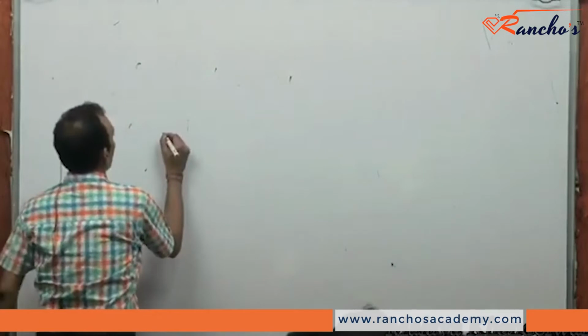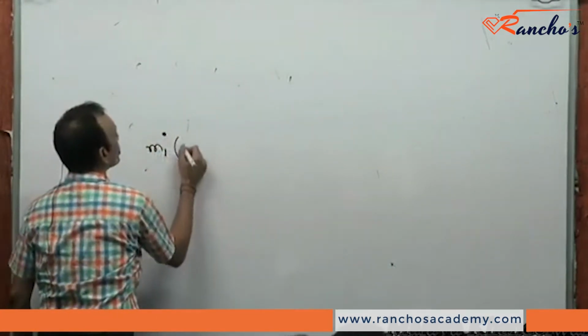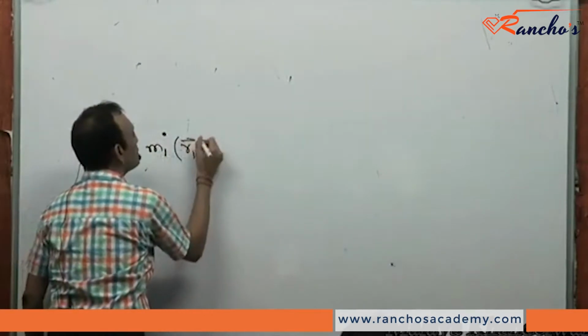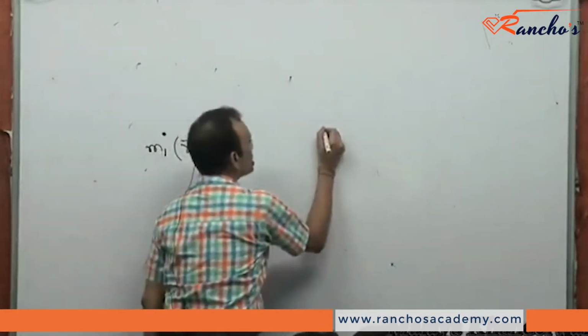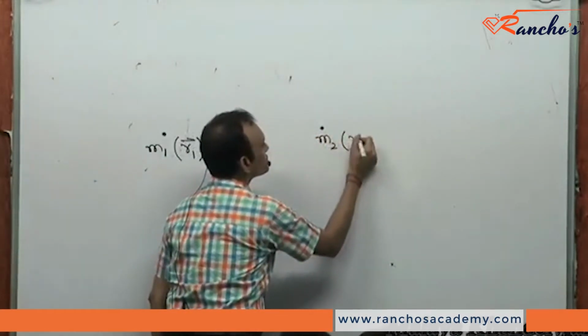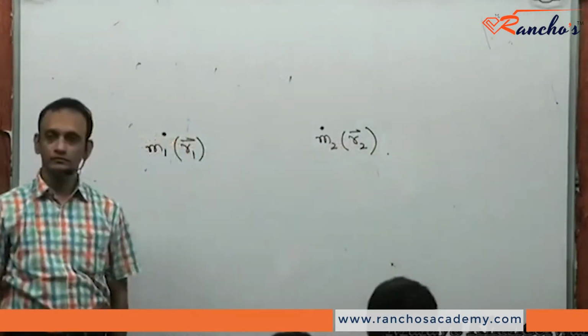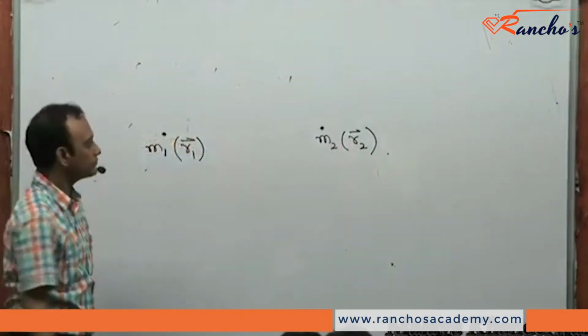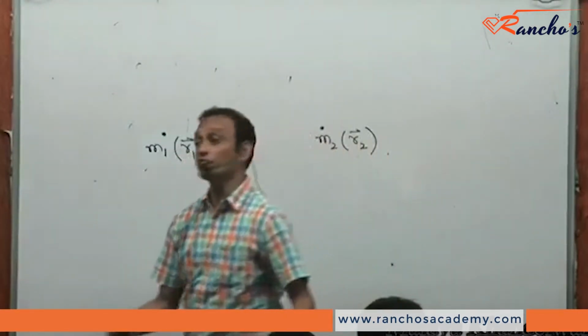There is a particle of mass m1 with position vector r1, a function of time in general. And there is a particle of mass m2 with position vector r2 as a function of time. And they exert forces on each other.